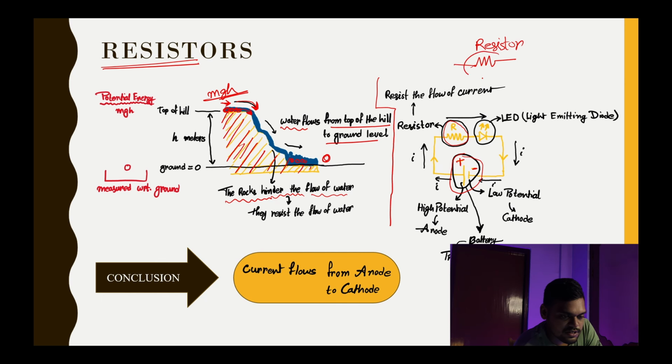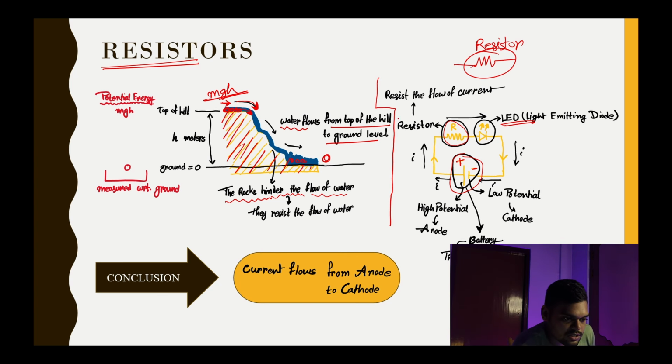This is the symbol of a resistor, and after that we have an LED. So what I am trying to say is, when current or positive charges flow from higher potential energy to lower potential energy through the wire, the resistor tries to resist the current. It can't nullify the current, but it tries to resist it. It just adds a little bit of resistance to the circuit.